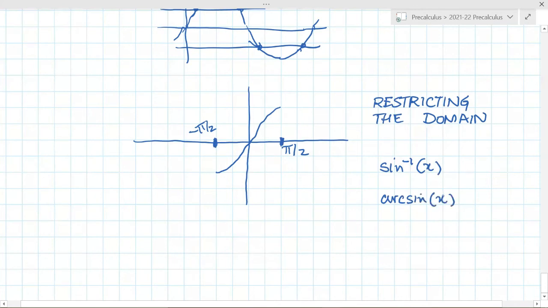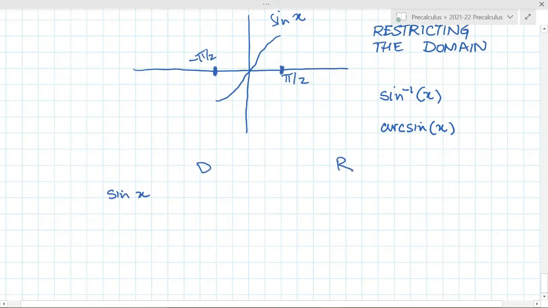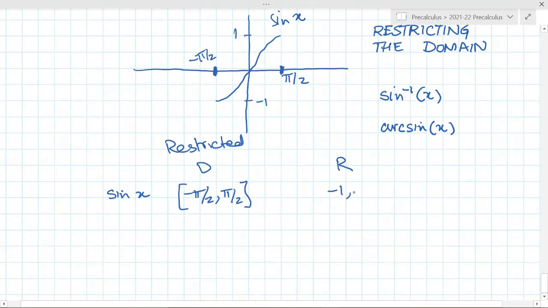The inverse, this is just sine. This is still sine, right? What's the domain for this sine x? Restricted domain. So this is negative pi over 2 to pi over 2. And what is the range? Negative 1 to 1.